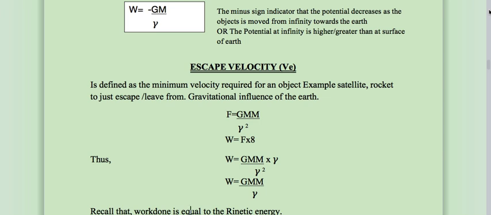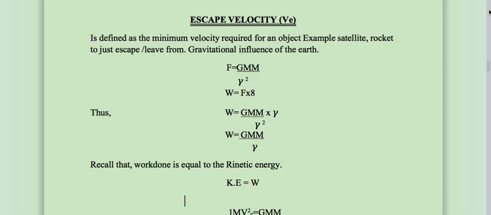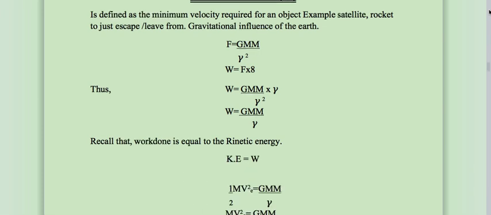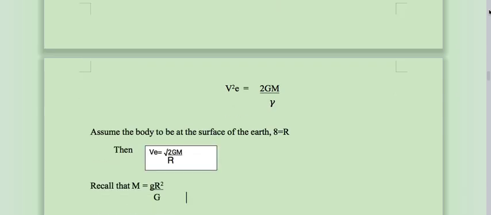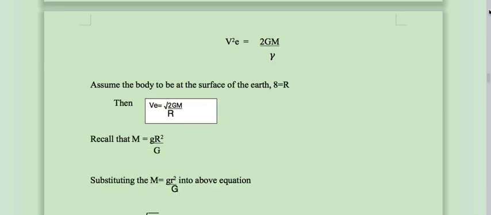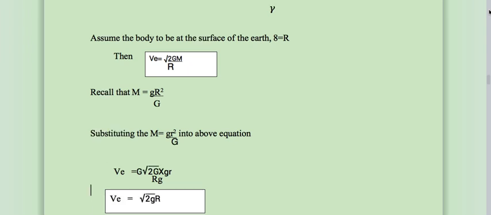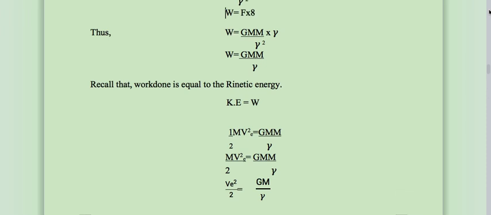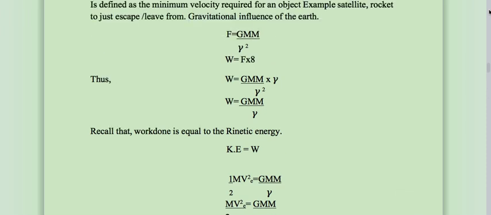Now, let's look at it mathematically. For us to derive our escape velocity, we must start from Isaac Newton's law, which is F equals G, big G, capital M, small m, all over R squared.